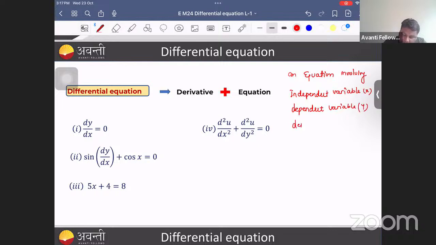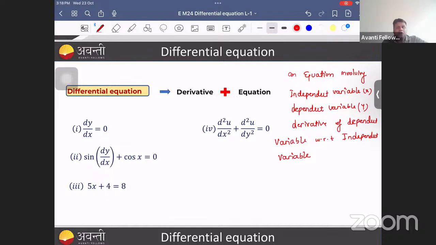Then the derivative of the dependent variable with respect to the independent variable.